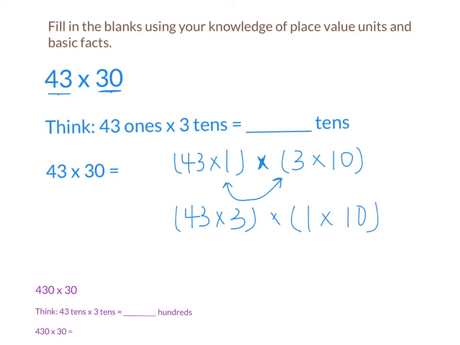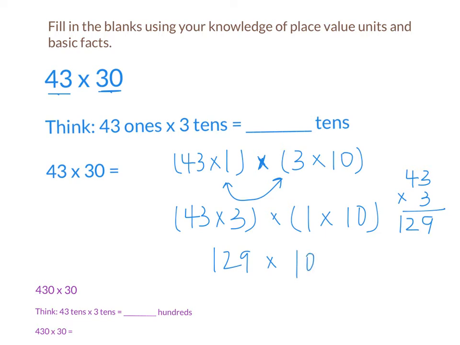Okay. Can we do 43 times 3? Yeah. We sure can. If we can't do it in our head, we can write it vertically like this. What's 3 times 3? 9. What's 3 times 4? 12. So what's 43 times 3? 129. Okay, so this is the same thing as 129 times, what's 1 times 10? 10.